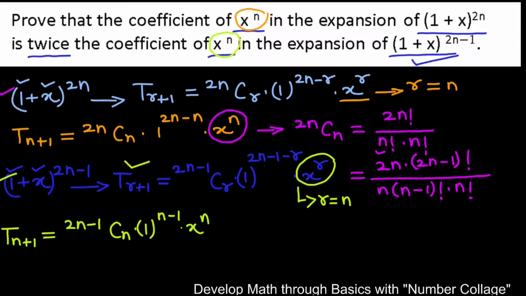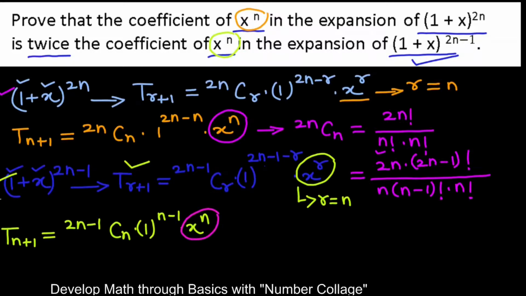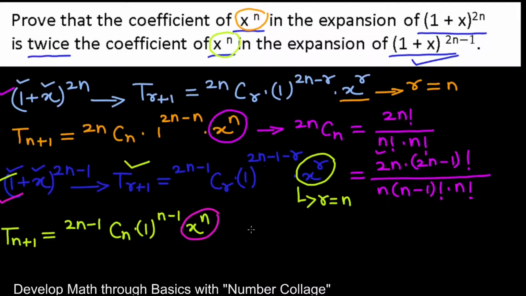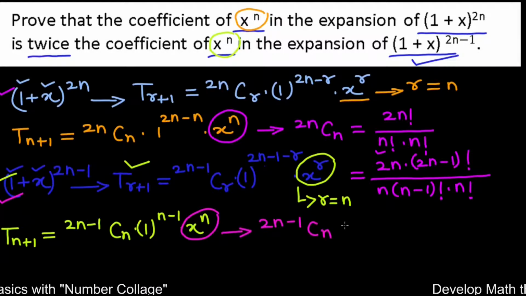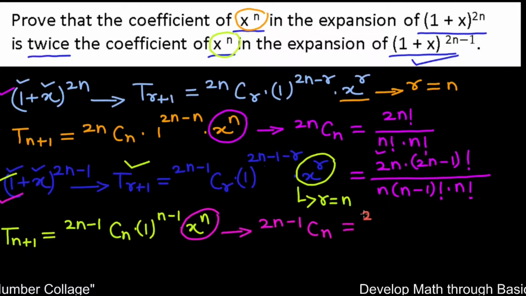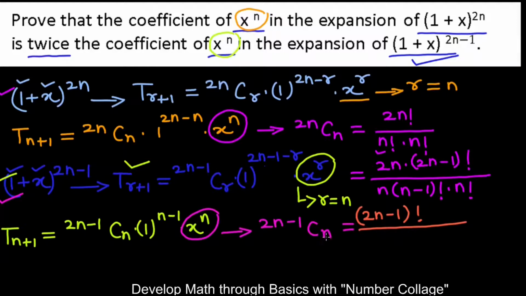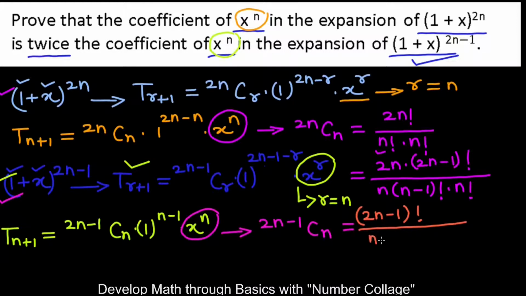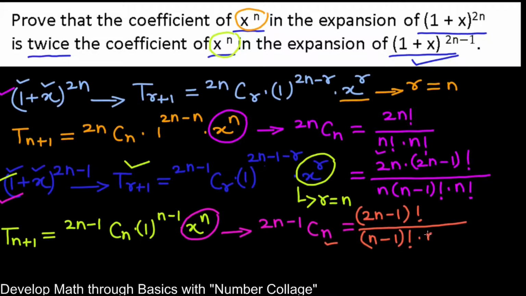So here the coefficient of x raised to n in the expansion of this will be (2n minus 1) C n, which we can write as (2n minus 1) factorial upon (2n minus 1 minus n), that will be (n minus 1) factorial into n factorial.